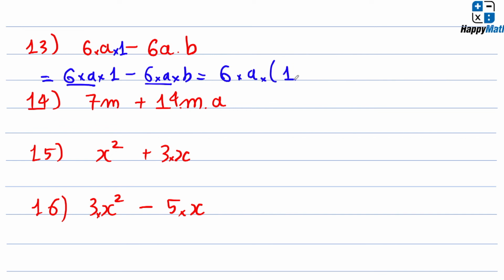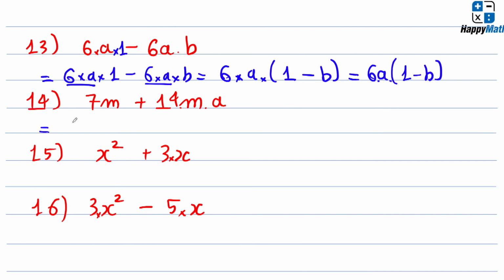Inside the bracket, I've got 1 and minus b. Okay, so this is my final result. Another form you can write this result is 6a and 1 minus b like this. I don't want to write the multiply symbol like in here anymore. I write out the dot.